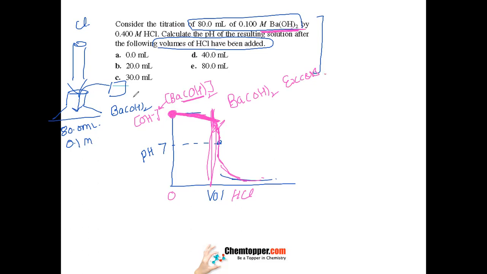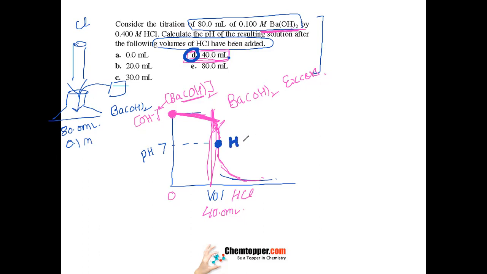But once you have reached this point, this is the equivalence point, 40 ml. I'm not discussing this in detail because we did it in the last class, so I'm asking you to refer to the last calculations. At this point, the pH was this because this is the equivalence point.